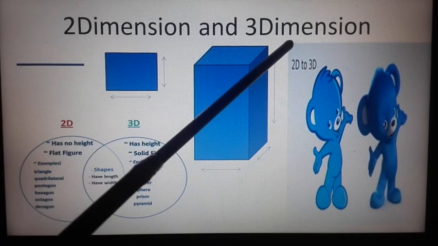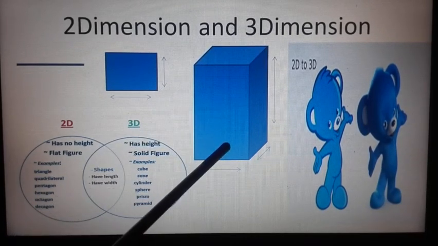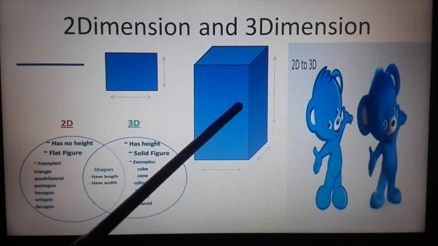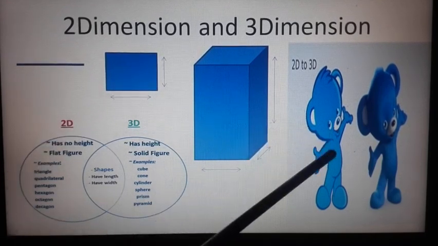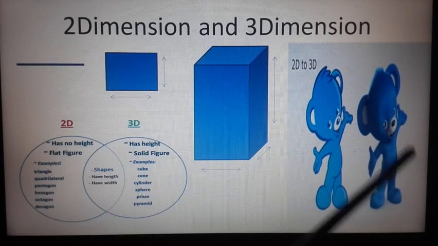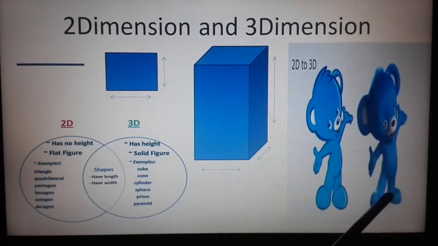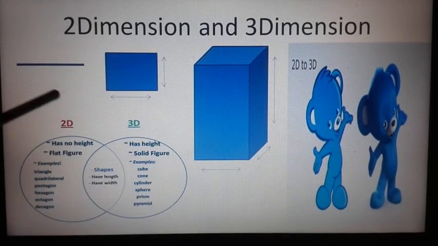So a 3D figure means it's a solid figure and it has height. For 2D figures, there is no height. With the help of the picture, you can easily understand the difference between a 2D figure and a 3D figure.